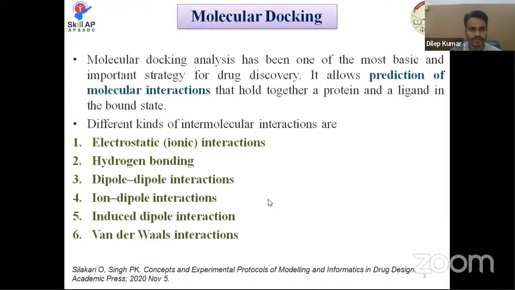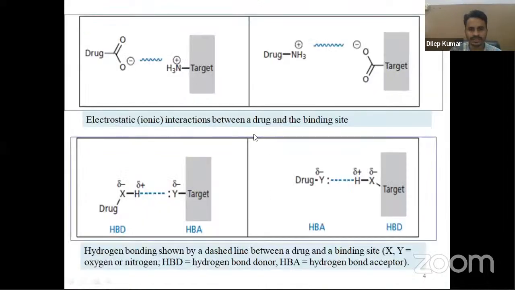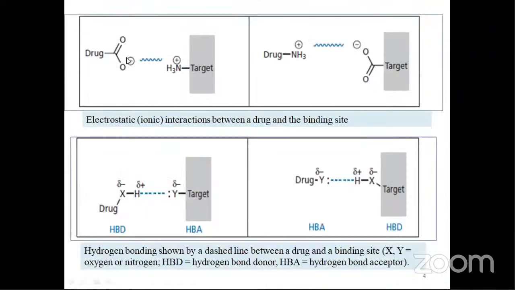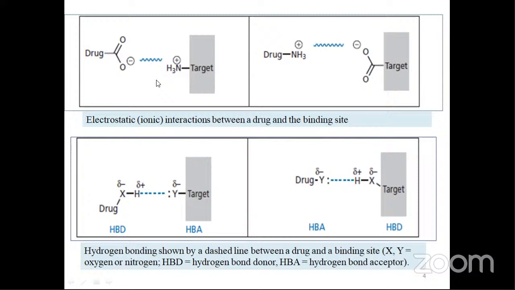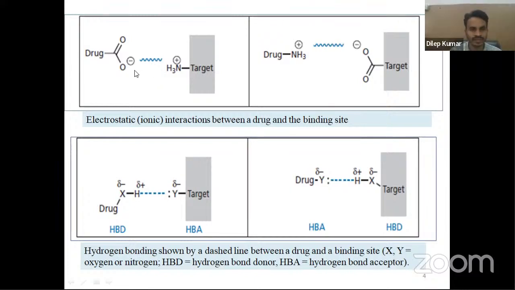So coming to the electrostatic interaction, say this is your lead molecule or the ligand or drug molecule. Whenever it has ions, because generally drug molecules have both basic as well as acidic functional groups. The acidic functional group, after entering the physiological system, will undergo ionization and convert into an anionic state.